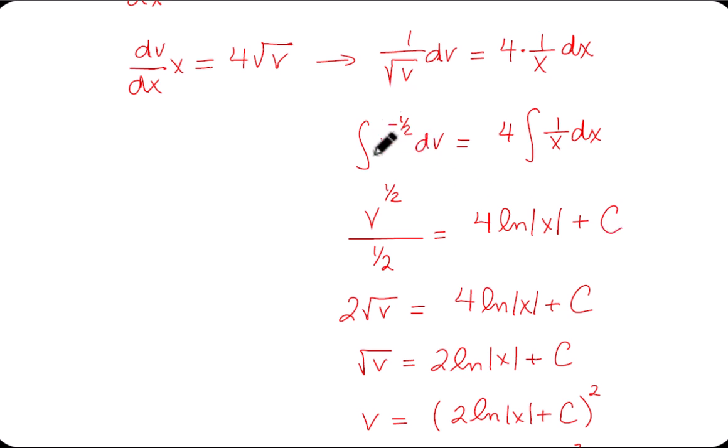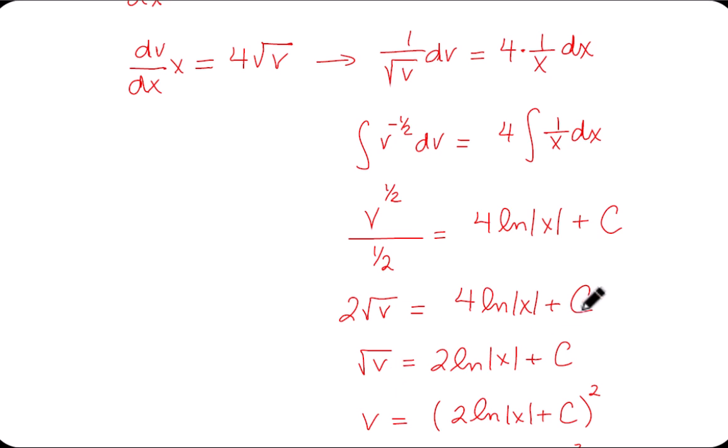On the left here, I've got my power rule, minus a half plus 1. All right, so this fraction flips, and I get 2 square root v. Let's see, divide through by 2, so I get the square root of v.